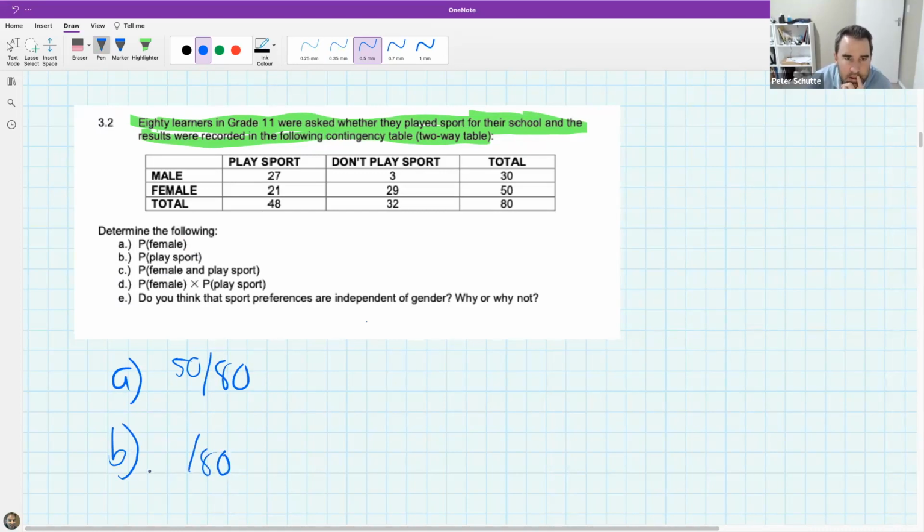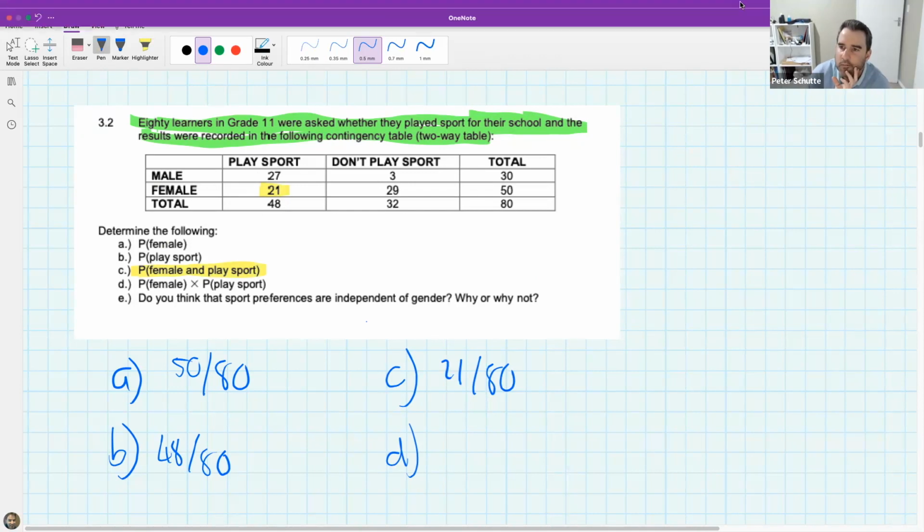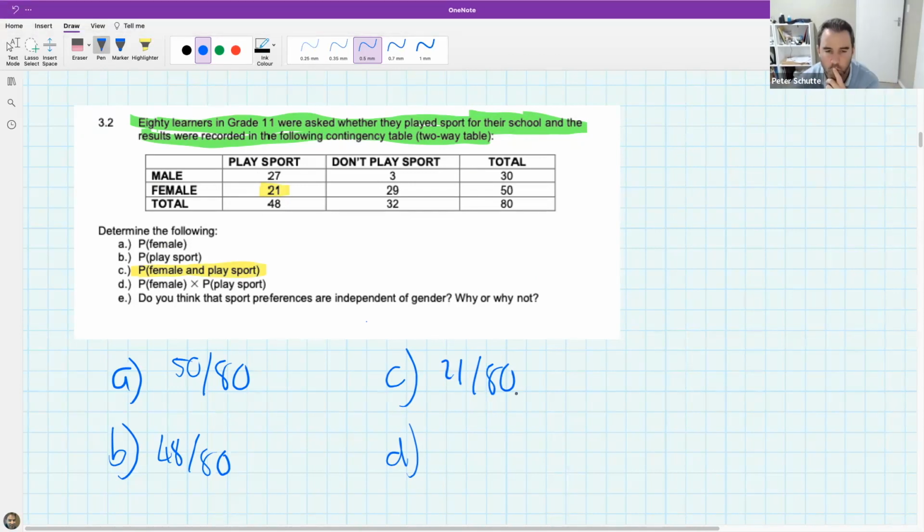What is B? I suppose the play sport column is 48. And what do we have for D? So D is just going to be 50.